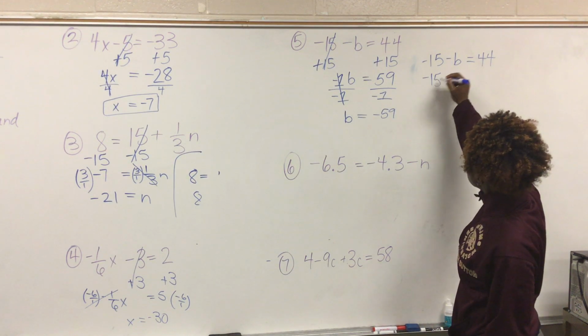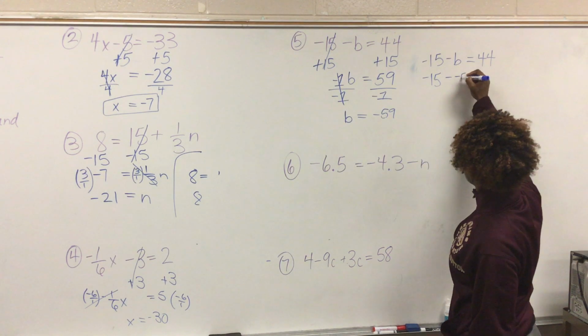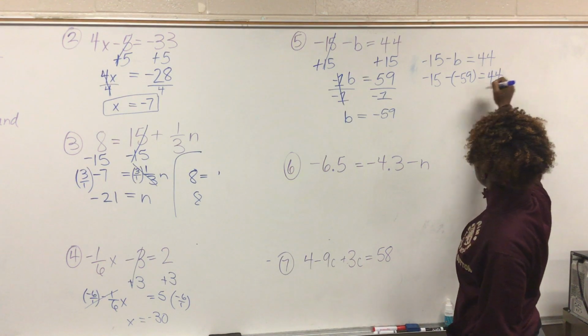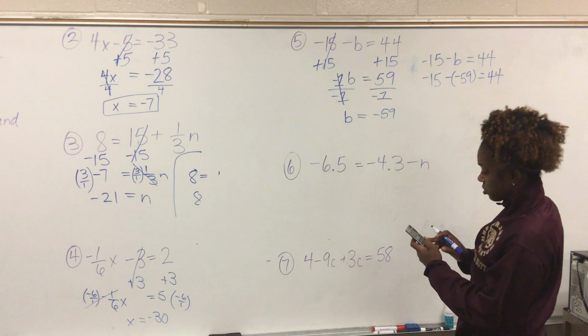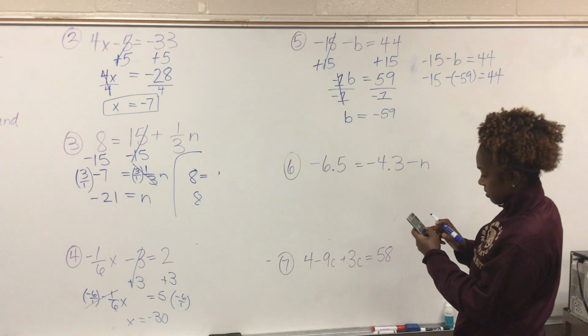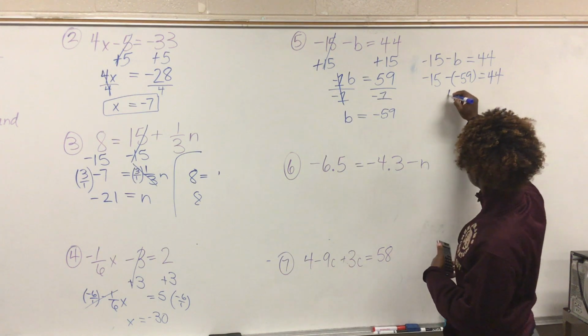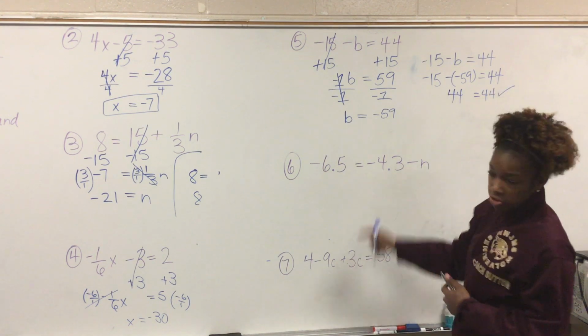Negative 15 minus negative 59 equals 44. We put this in the calculator: 1, 5, integer key, minus 5, 9, integer key, equal, we get 44. Now, I want you to try number 6.